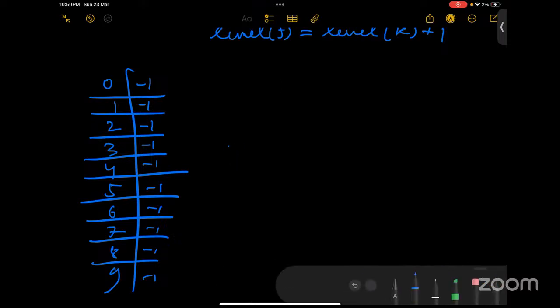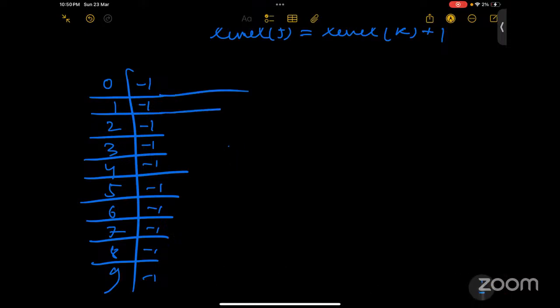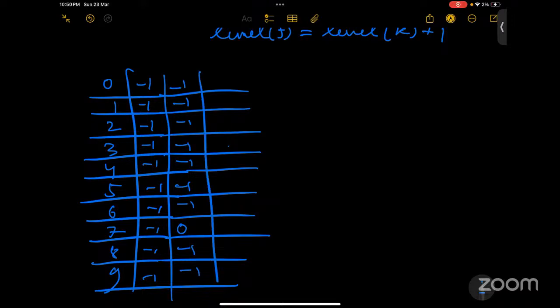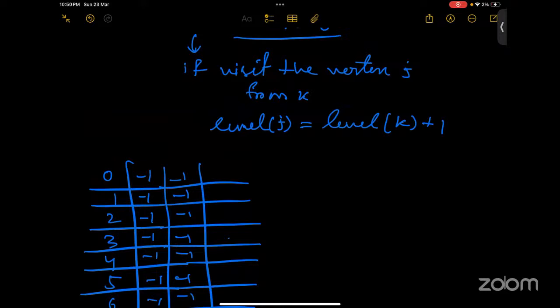So in the next level, the level of 7 will be 0, right? And the rest will be -1 again. And then we have the level of j. If we are visiting j from k, that means level of j will be level of k plus 1, right?